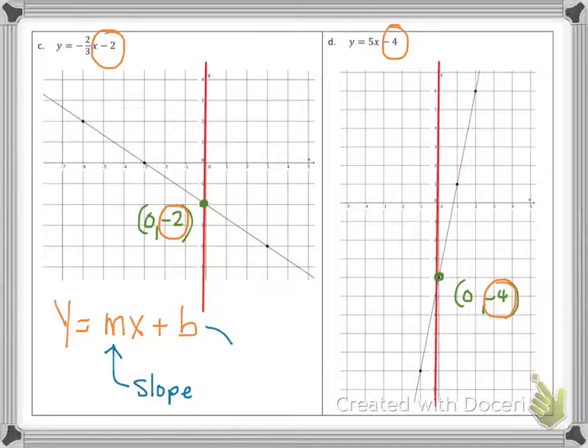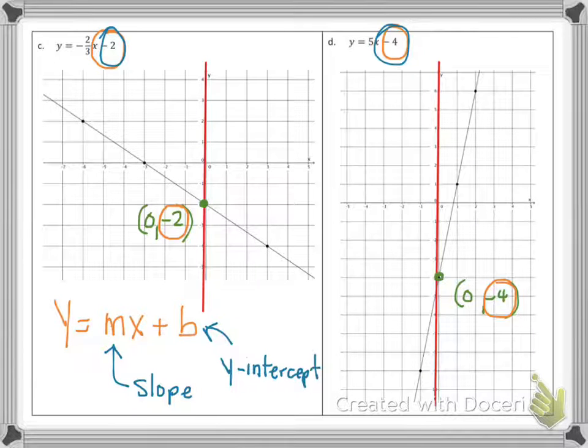but we've never talked about this b. What is that b? Well, b is the number we're talking about. Look at that, negative 2, negative 4. On the previous one, it's the y value. It's where the line crosses the y-axis. So this is called a y-intercept.